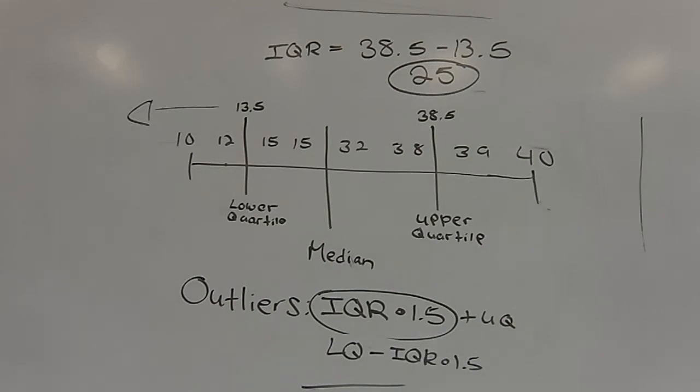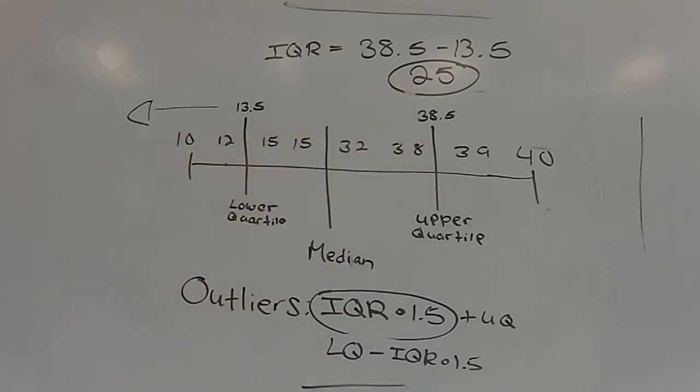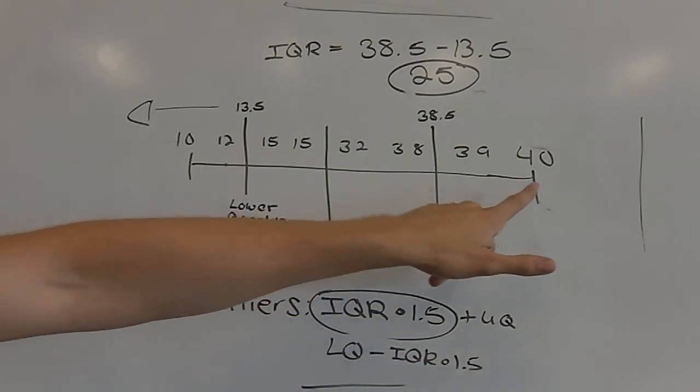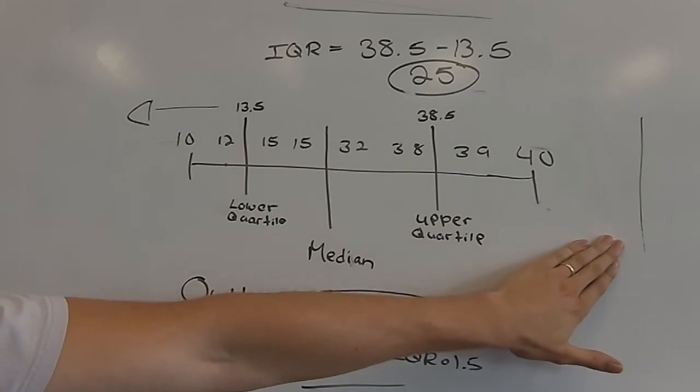So one more time, I'm going to explain that, just in case you got a little overwhelmed there. You're going to take the inner quartile range, multiply it by 1.5, and add that to the upper quartile, and that's going to get you an answer. If anything is above that number, it's an outlier.